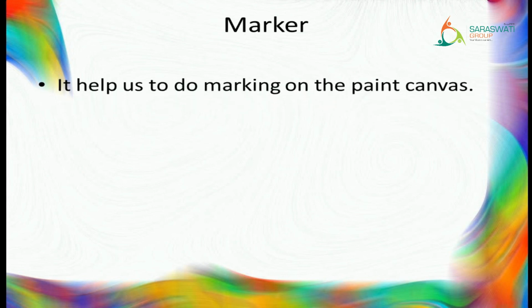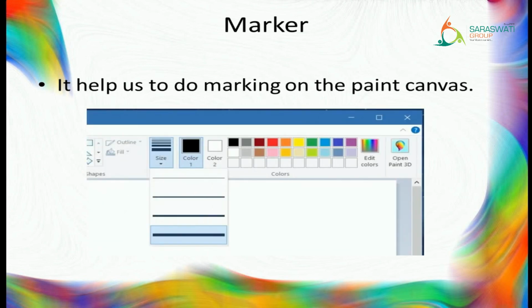See, it helps us to do marking on the paint canvas, right? That means it allows us to do any type of lines like this, right? We can do it with the help of different colors, right? Any type of marking we can do with a different brush, but it can be said as what? Marker. Clear?